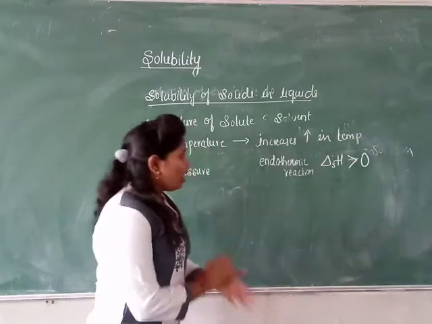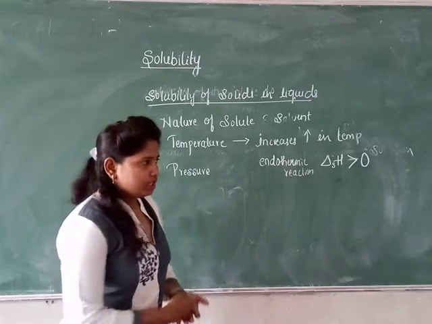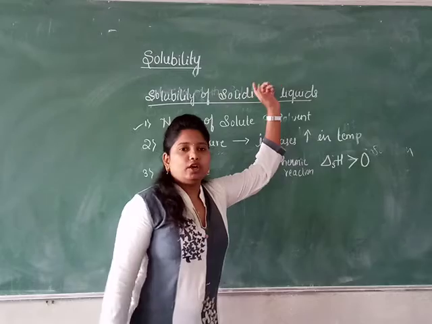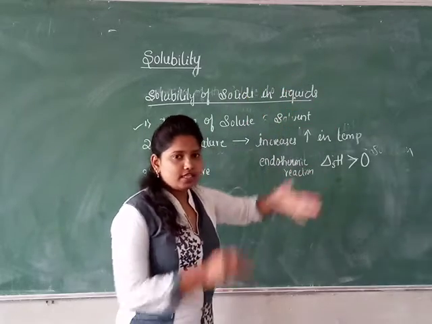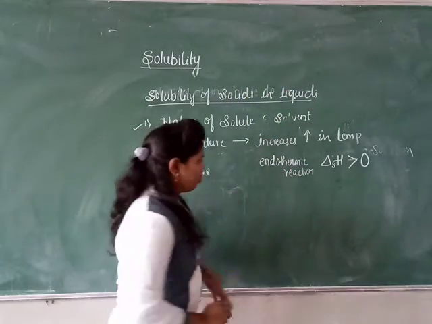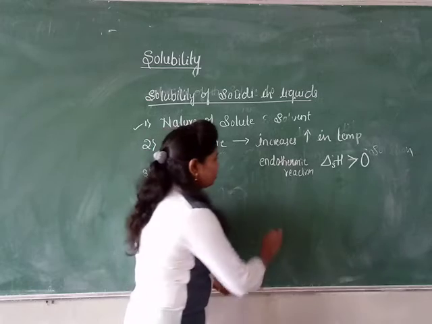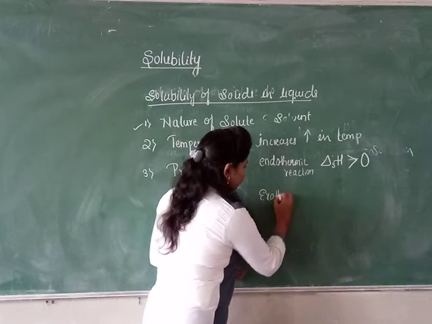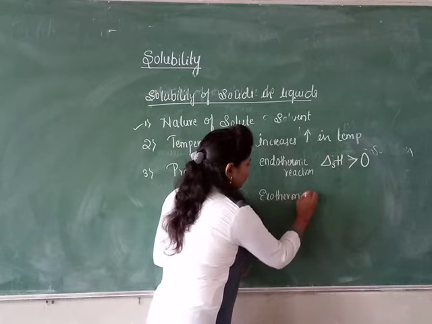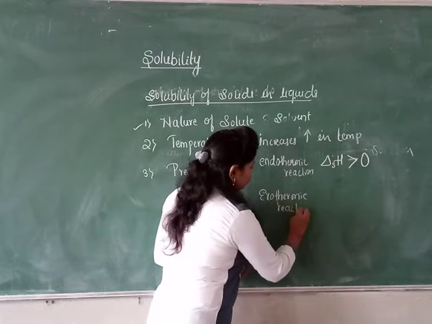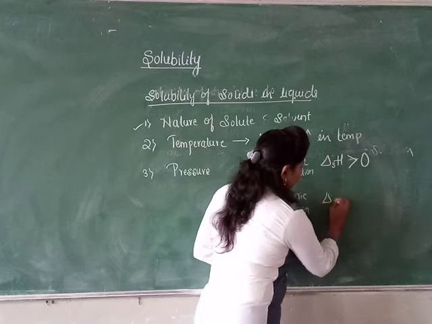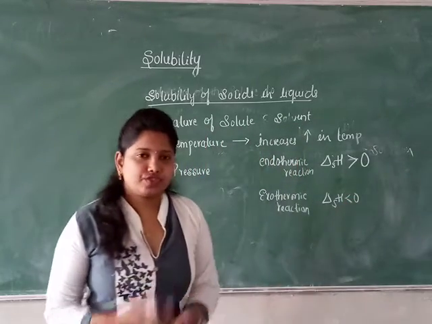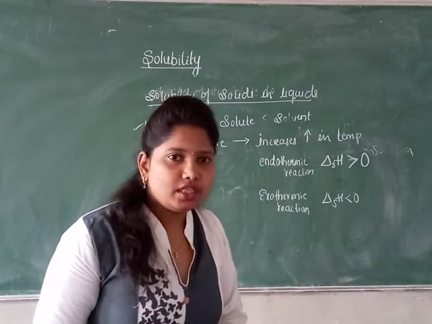It means that if the reaction is endothermic, the solubility of solids in liquids increases with increasing temperature, whereas if the reaction is exothermic, then the solubility of solids in liquids decreases with temperature.